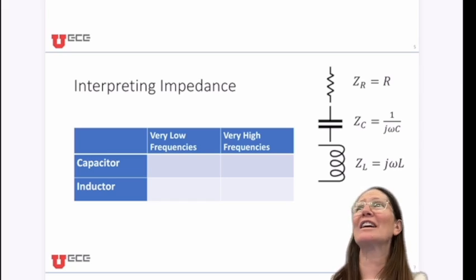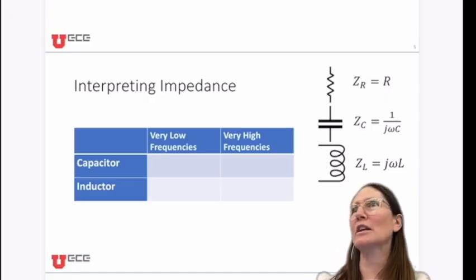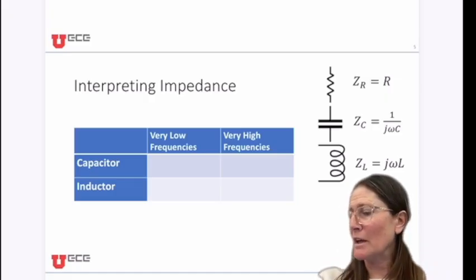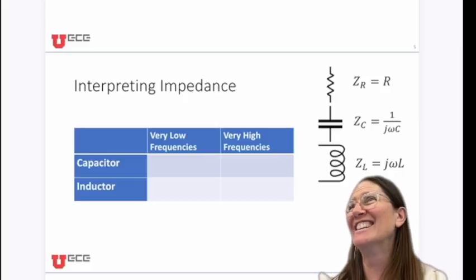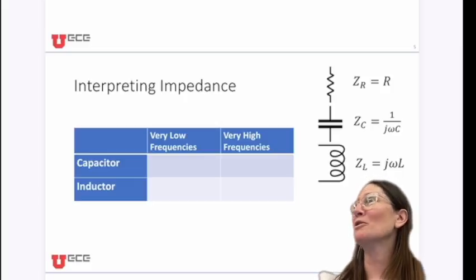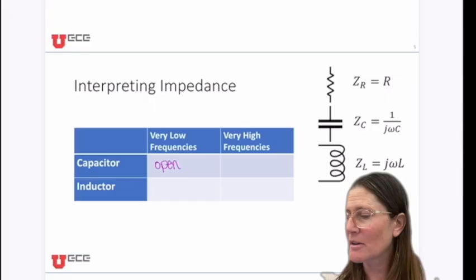It's really big, right? The limit of that as it goes to 0 ends up being like infinity. So what does that look like? Really big, which is an open or a short? Open, correct. So that one looks like an open.